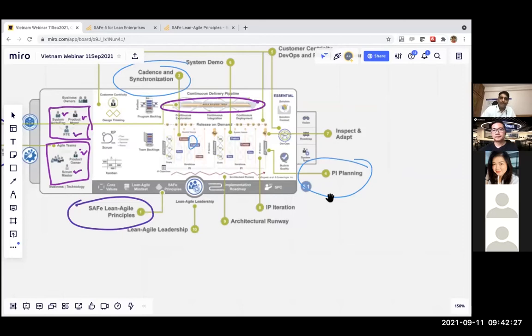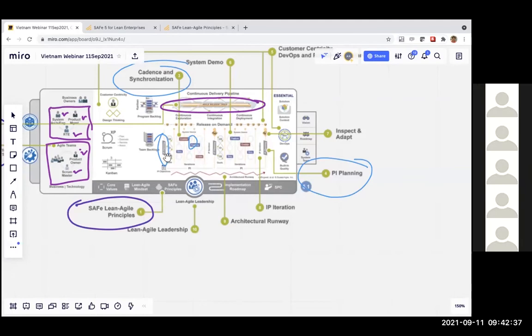So what we do is the PA planning, which is a 2-day event, and then plan out for the next 10 weeks. Again, it's not a detailed planning, still a high level planning. And then we say, okay, for these 10 weeks, each of the teams has these as their priority.